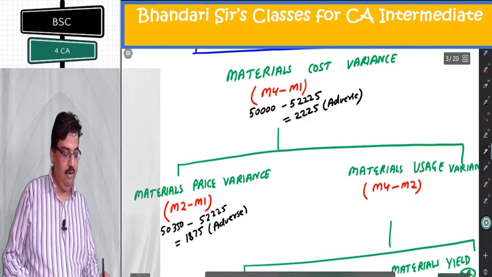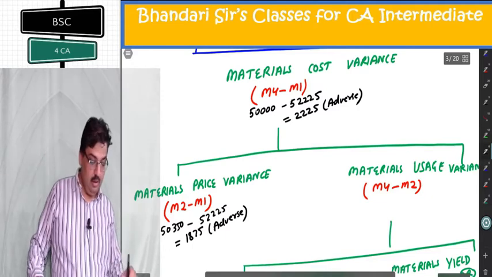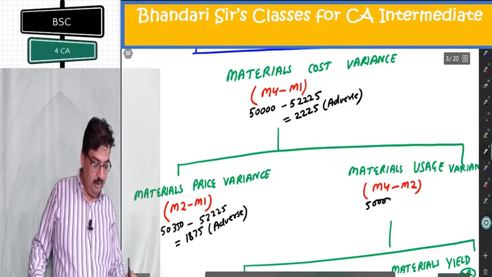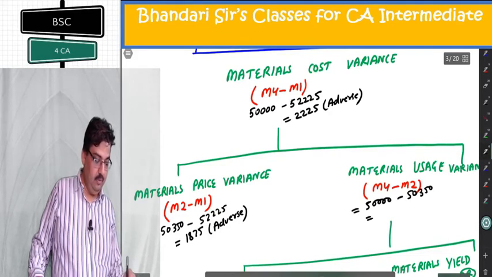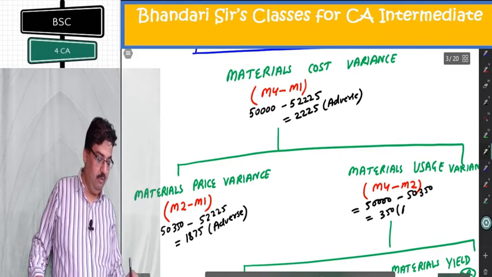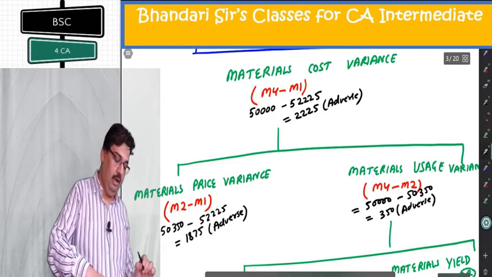You can write unfavorable also for adverse. M4 50,000 minus 50,350. This is 350 adverse.